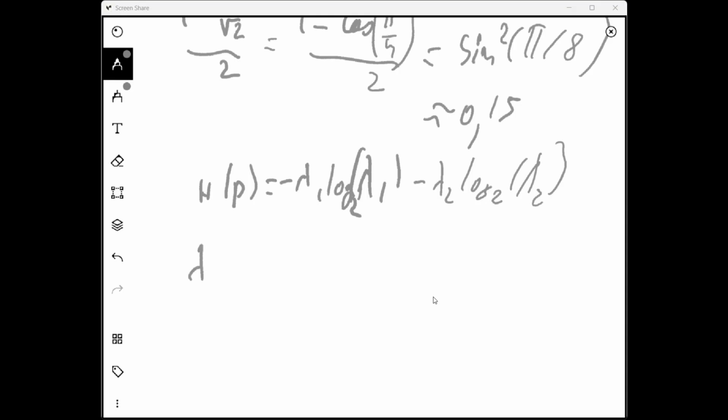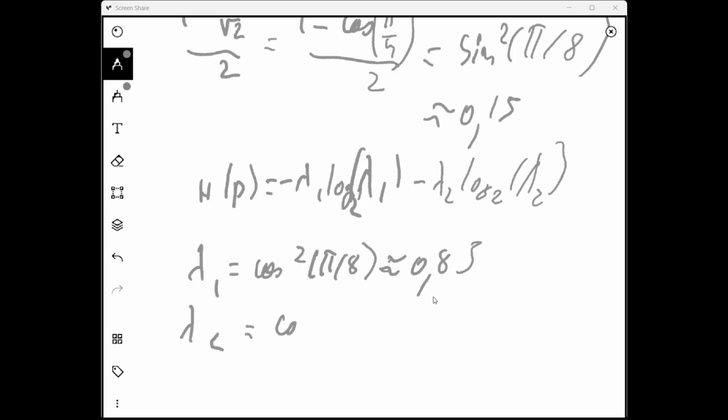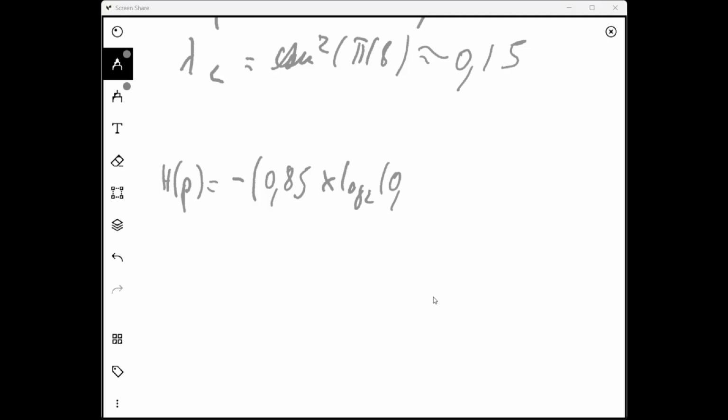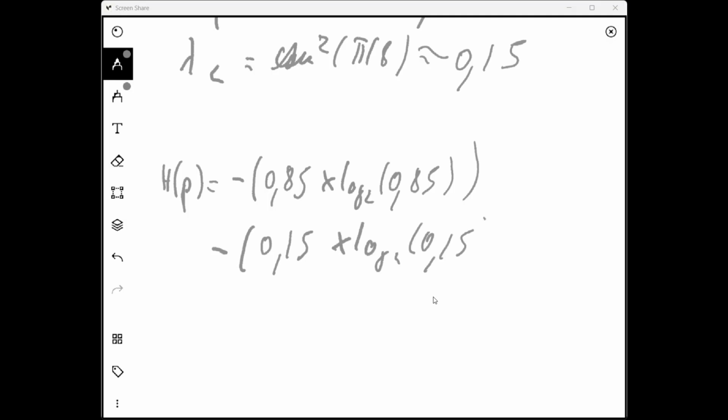So if you replace, here we have lambda 1 as cos squared of pi over 8, which is roughly 0.85, and lambda 2, which is sin squared of pi over 8, roughly 0.15. If we multiply it, our von Neumann entropy should be minus 0.85 multiplied by log base 2 of 0.85, minus 0.15 multiplied by log base 2 of 0.15.